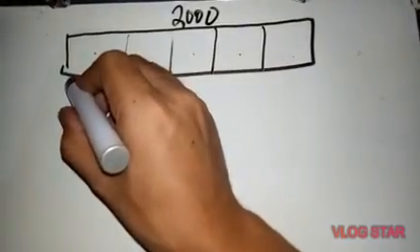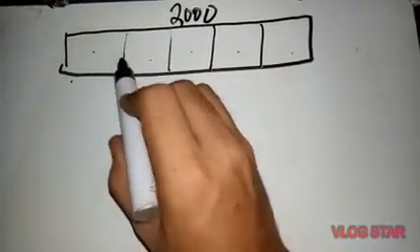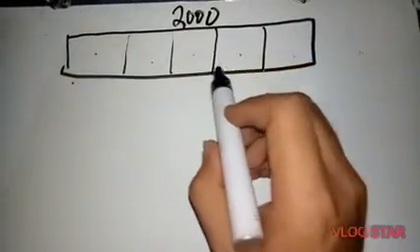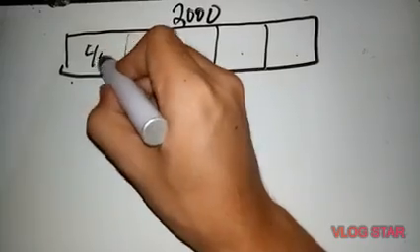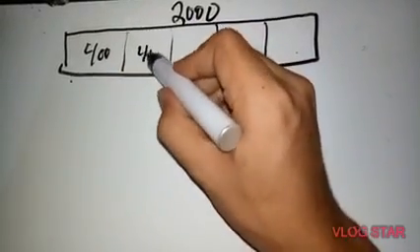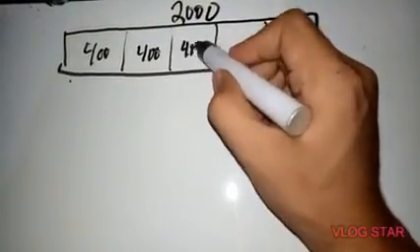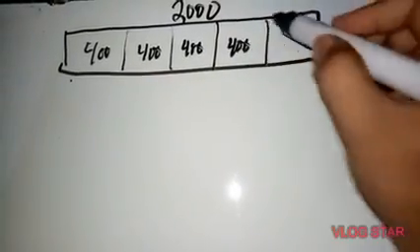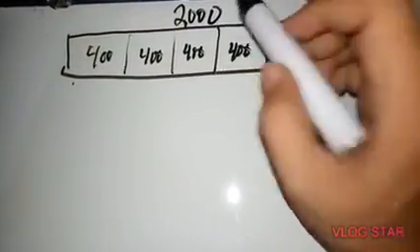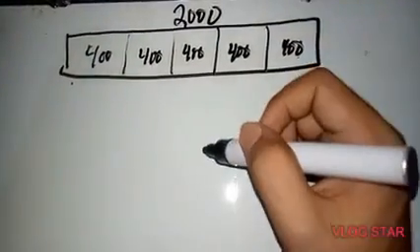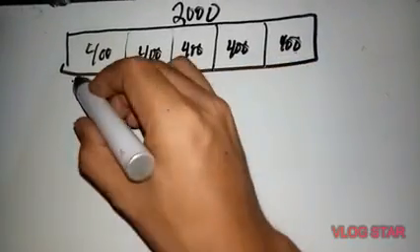So since we divide 2,000 into 5 equal parts, it means that each part is equal to 400 pesos. 2,000 divided by 5 parts. Okay? Then she spent 3/5.